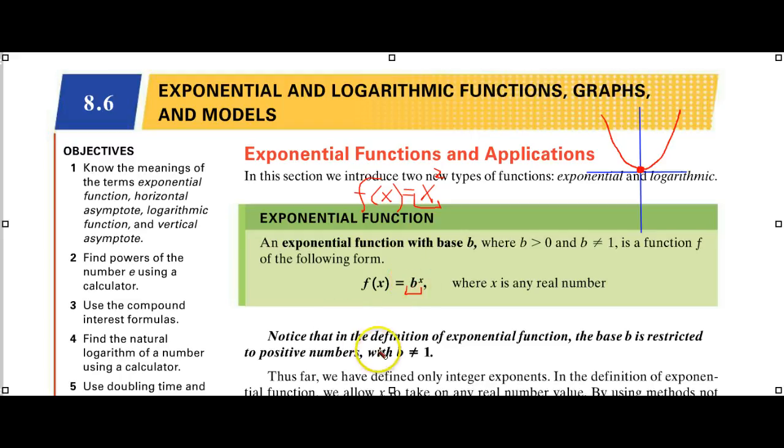And notice that in this definition of exponential functions, the base b is restricted to positive numbers, and b cannot equal 1. That's a restriction we have on b, because 1 to any power is 1. So it has to be a number greater than 1.